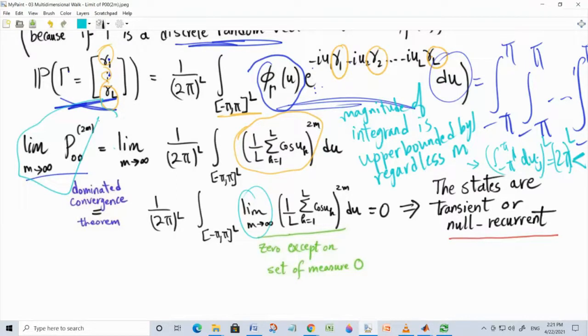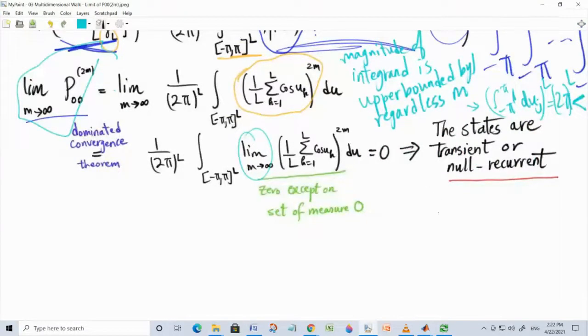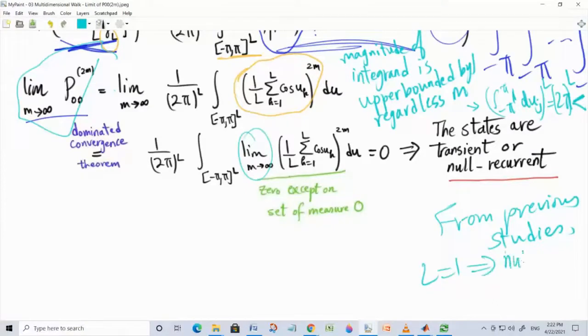But which is which? In other words, I want something like, in L dimensions, what do we have? From previous studies, L equals 1, it's null recurrent.